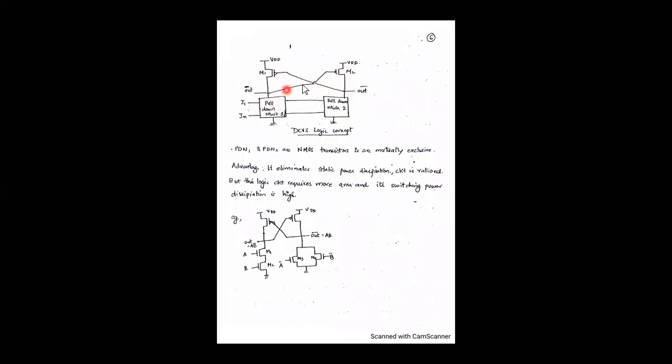So that is a feedback system, and we are able to get two outputs, output and output bar, its complement. So PDN1 and PDN2 transistors, we are keeping NMOS transistors and they're mutually exclusive.